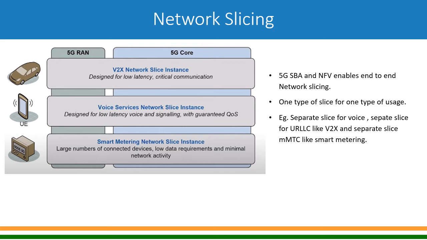A separate slice for services like V2X, which requires low latency. A separate slice for smart metering network, which is massive machine type communications, because all these slices require specific quality of service.